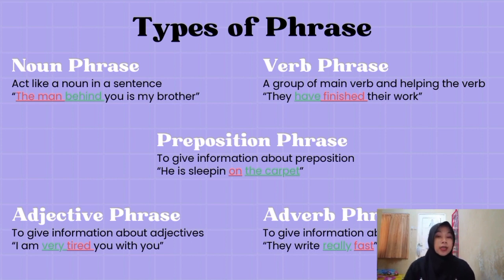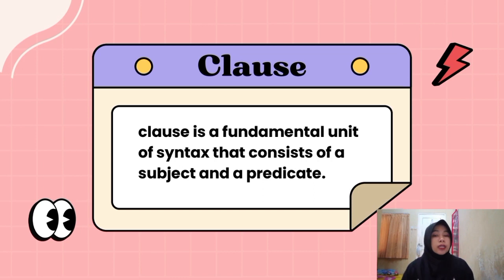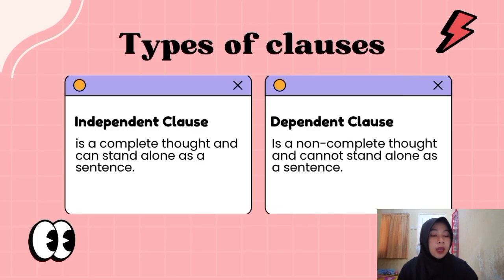Okay, next is clause. In language, a clause is a sentence part, or a clause is a fundamental unit of syntax that consists of a subject and a predicate. And there are two types of clause.